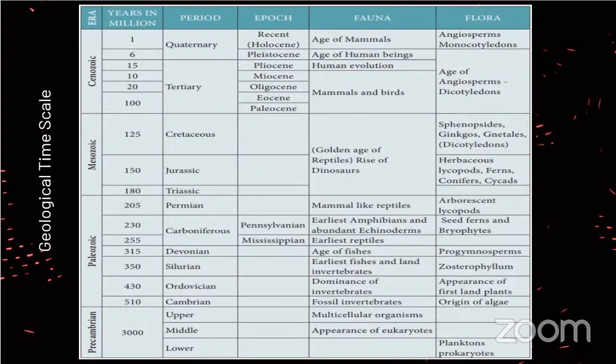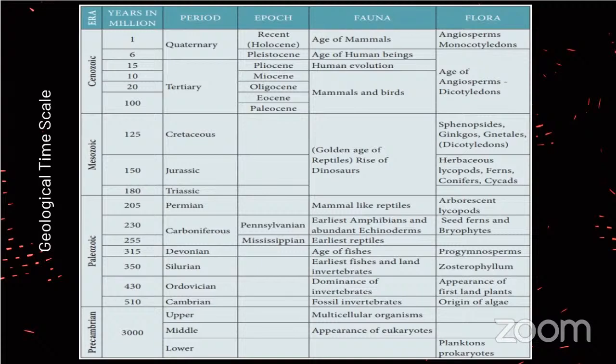Most of the Jurassic dinosaur fossils are discovered in this Paleozoic to Mesozoic, mostly in the Mesozoic era.